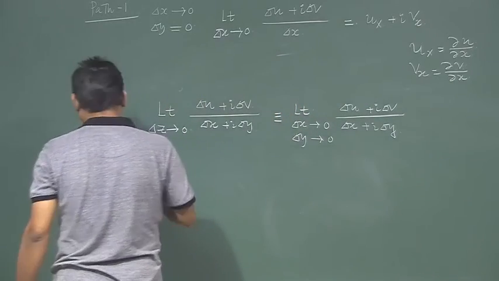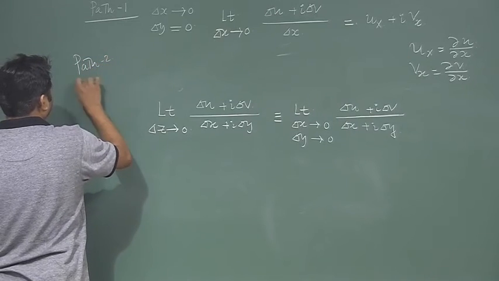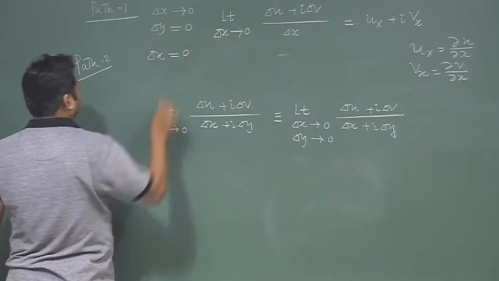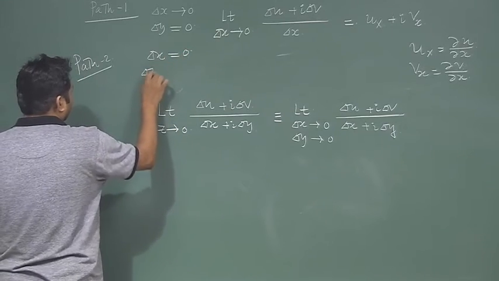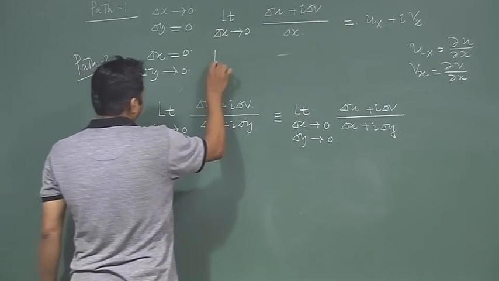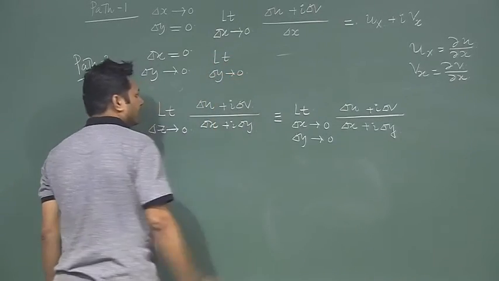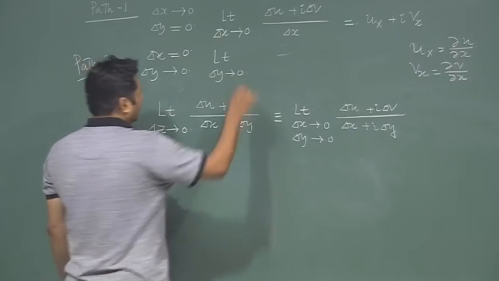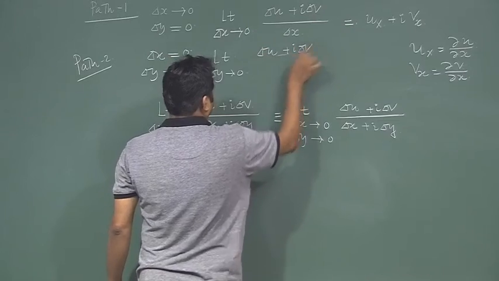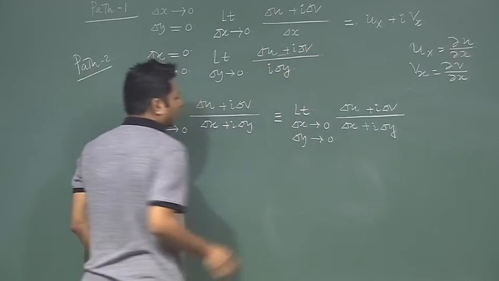I can now choose another path, say path 2, and now I will say that delta x is equal to 0, but delta y tends to 0. If I do the same thing, my limit will be simpler: delta y tends to 0, of (delta u + i delta v) divided by i delta y.